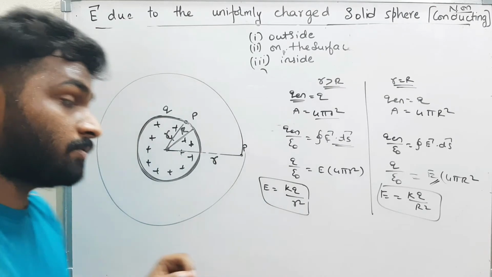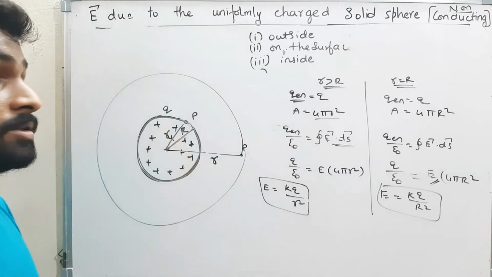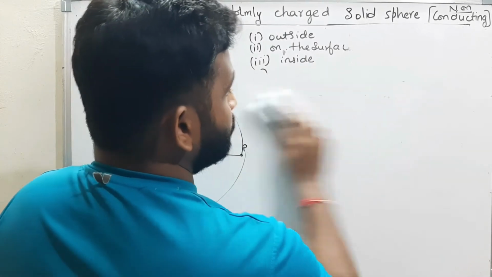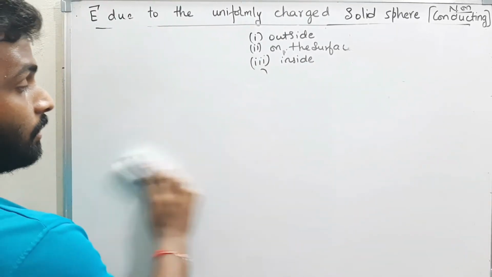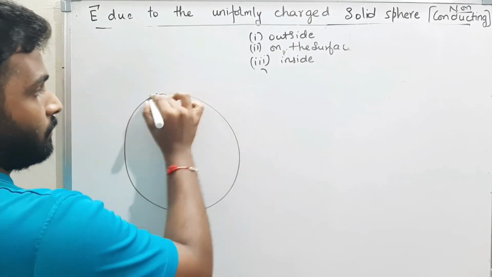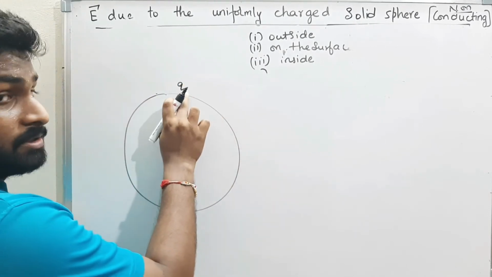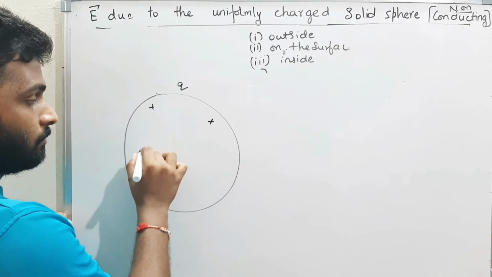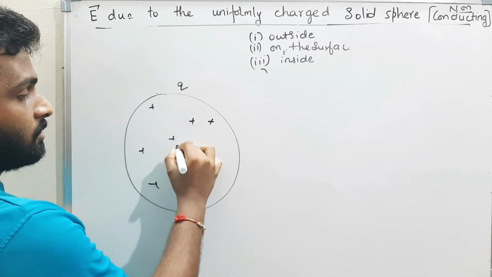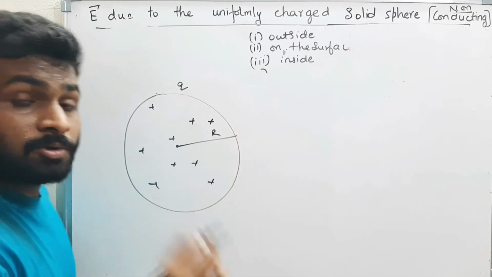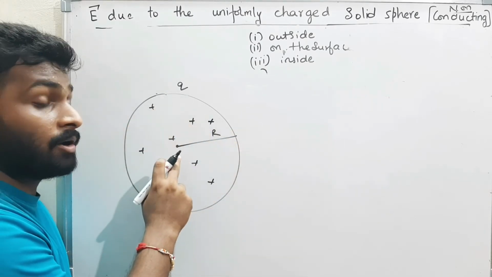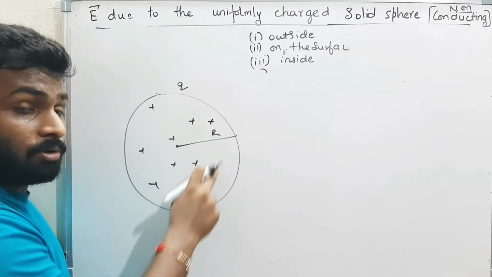The only difference is when the point is inside. Okay, now this is important. Now see here. When the point is inside, that is important. Charge Q is spread throughout the volume, and the radius is capital R. Now I am assuming a point inside this solid non-conducting sphere, which means the charge is throughout the volume.